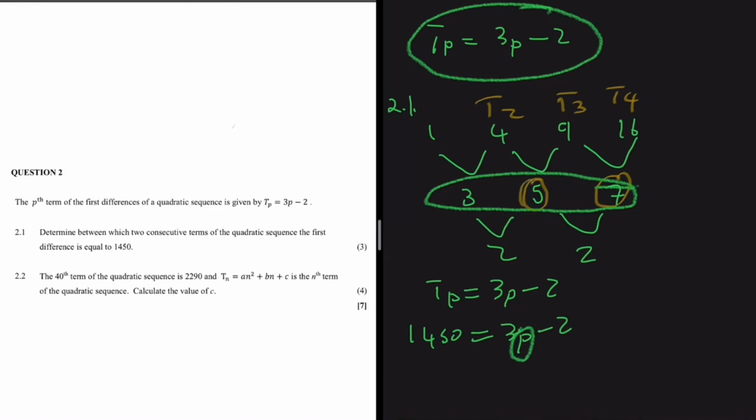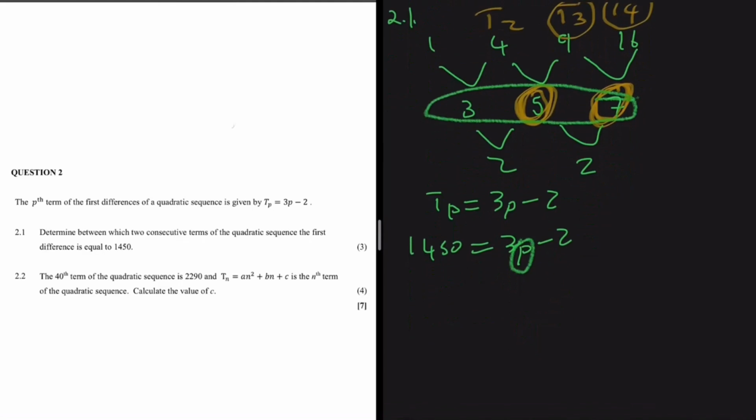Clearly here, if the term is in position 2, then it is between term 3 and term 2. And if it's in position 3, then it's between the fourth term and the third term, just like that. So let's go ahead and solve for p. So we're gonna have 3p being equal to 1448.